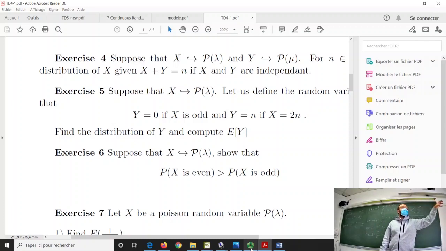It means that using this direct argument doesn't allow us to conclude. But it's a good idea to think about this one because sometimes it can work. Here it doesn't work. So the first natural way to try doesn't work.